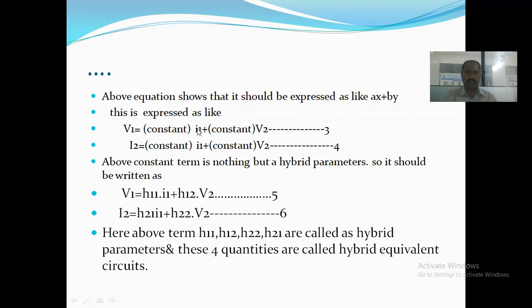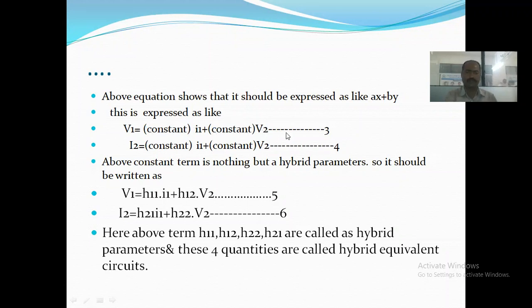For the constant of I1 we have used H11, and for V2 it is H12. So phi1 is equal to H11 I1 plus H12 V2. This is one of the equations.